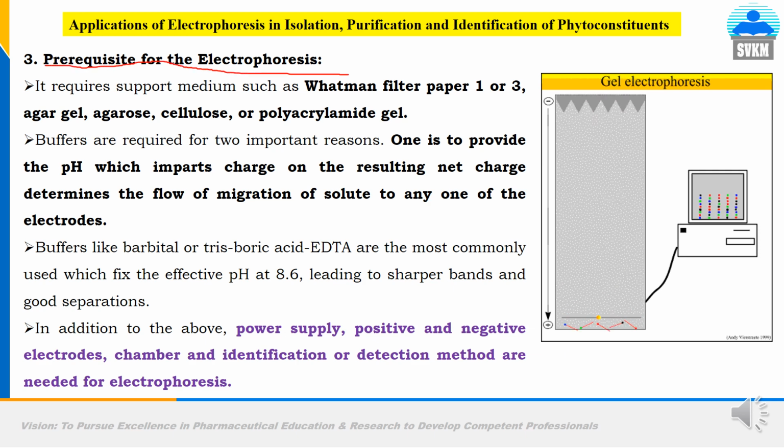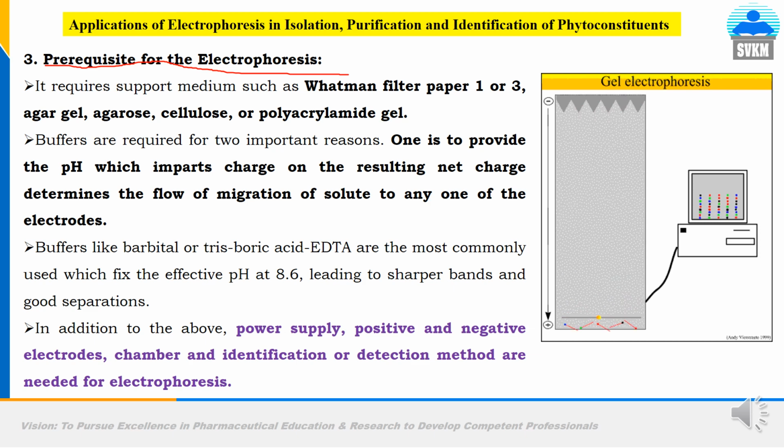Mainly, you can see here how gel electrophoresis exactly works. The GIF is given here. If the mixture is applied on the gel, by applying an electric field of a specific frequency, the different molecules present in the mixture, based upon their molecular weight, are separated one after another in the form of a fragmented pattern.